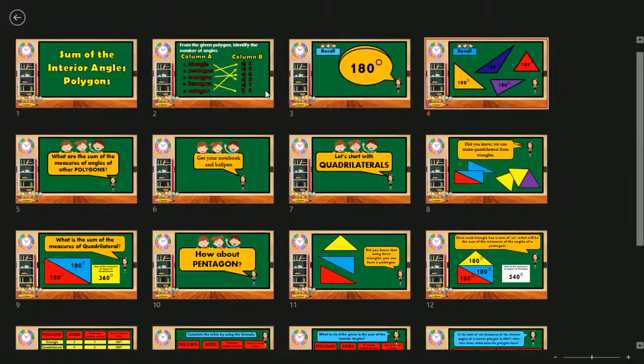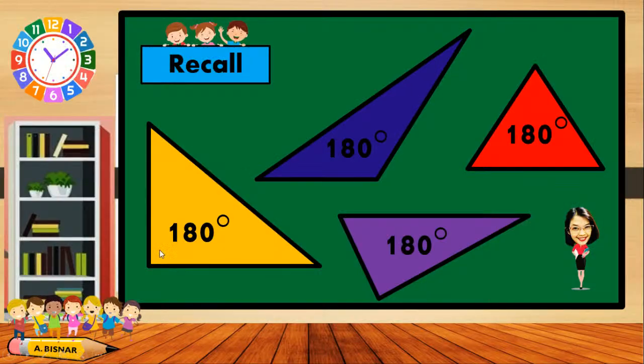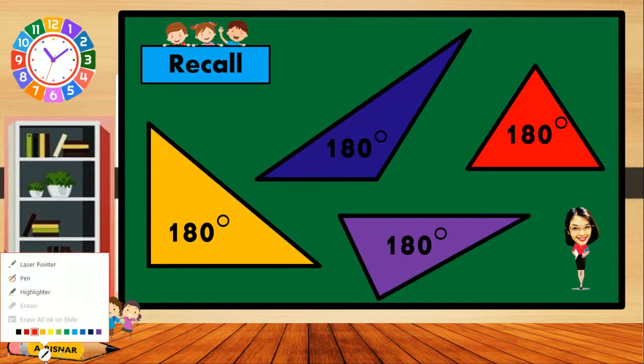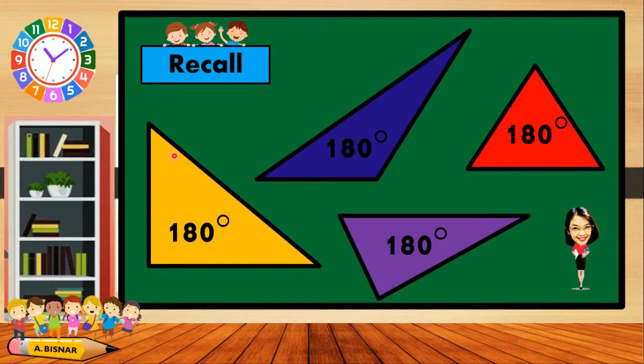For example, in this illustration, this is a right triangle because there is a right angle. When you get the remaining measurements of the other angles, the sum will be 180.